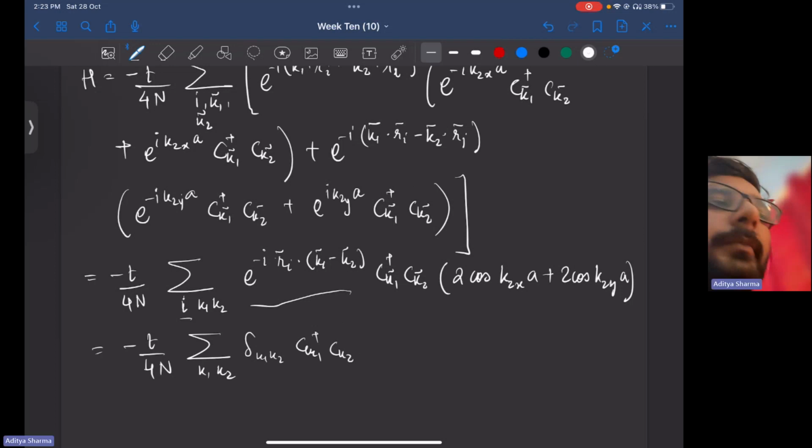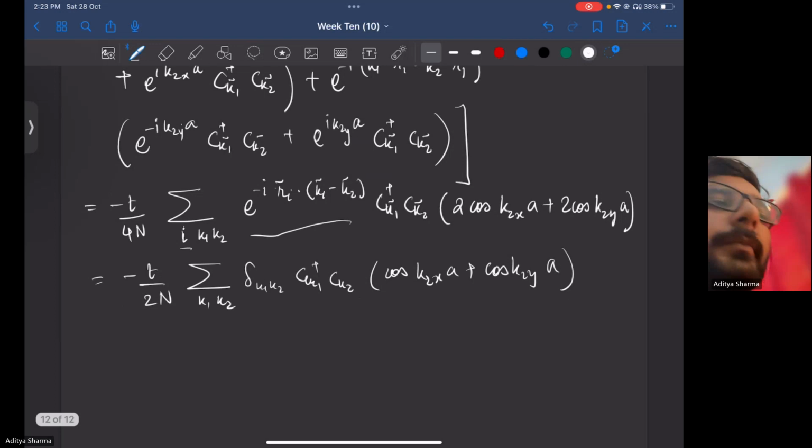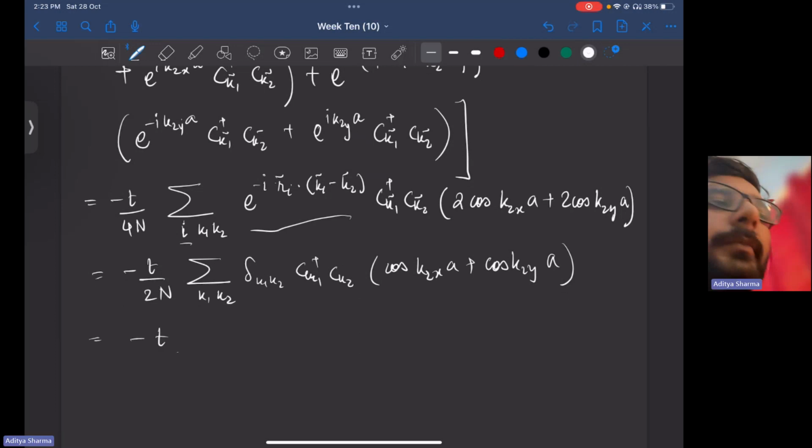And this is this thing, cos kx plus cos ky, equal to minus 2t sum over k c_k dagger c_k (cos kx a plus cos ky a).